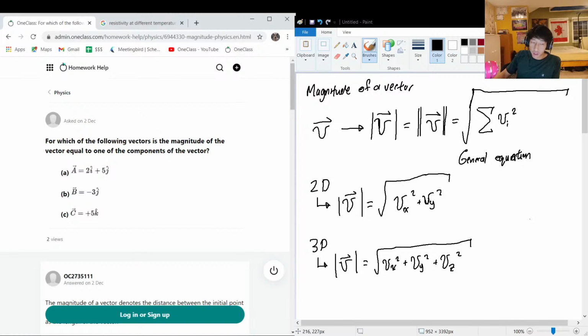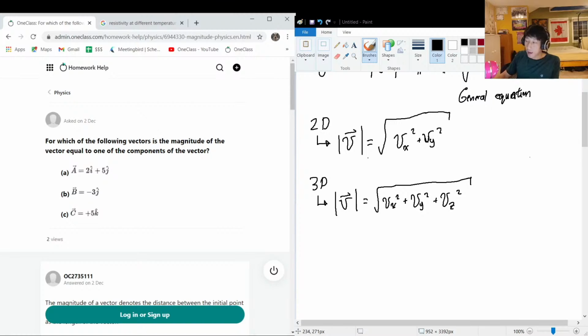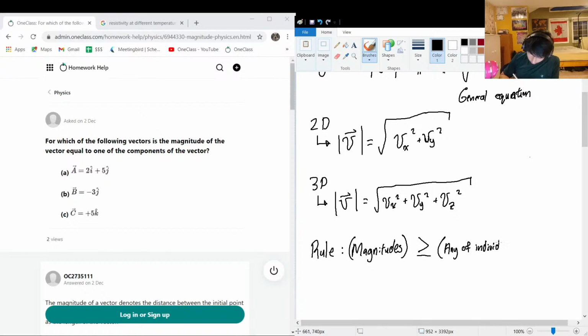Okay, so another rule that I'll mention: magnitudes are always bigger than or equal in size to any one of the individual components.